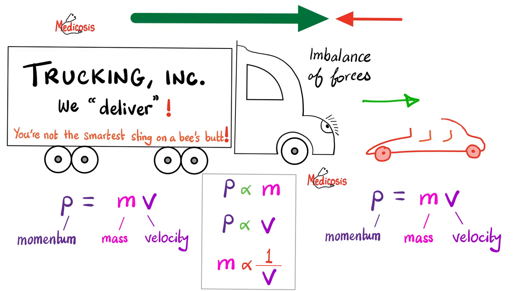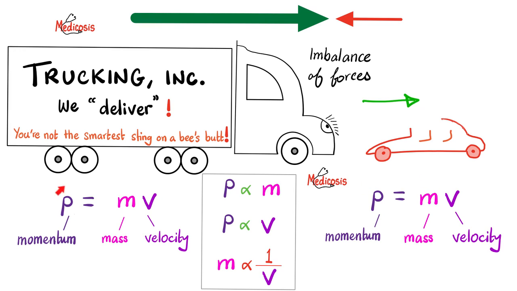Momentum, what is momentum? Momentum is the mass times velocity. There is momentum for the truck and momentum for the car. We have agreed that both of them were driving at the same velocity, so this v equals that v. However, the mass of the truck is huge, but the mass of that small car is less.